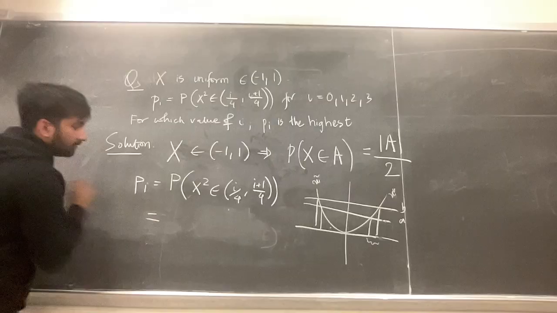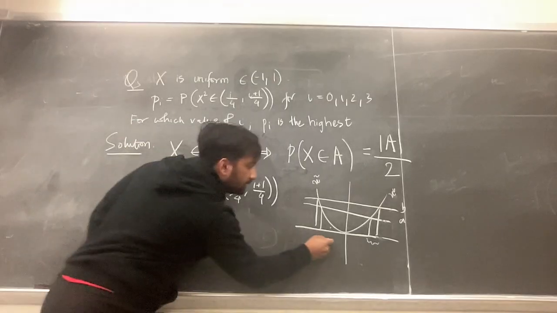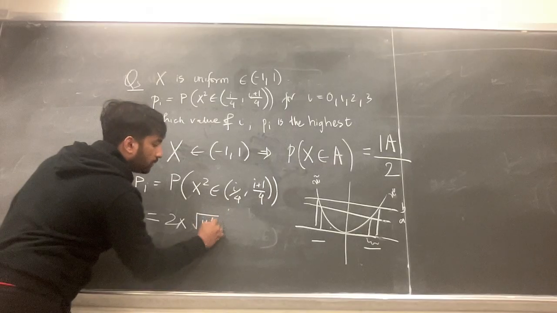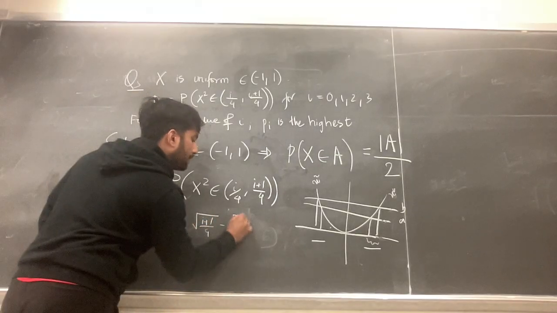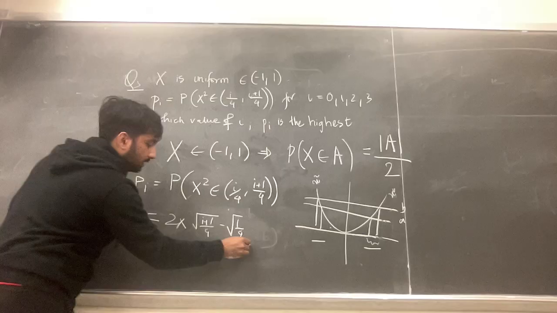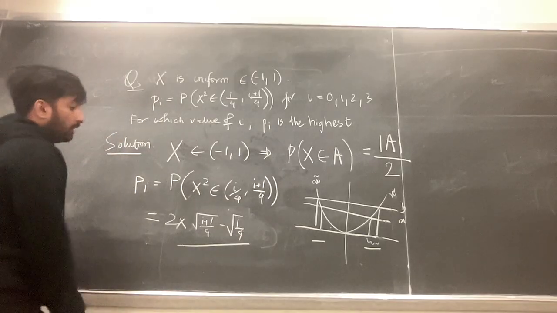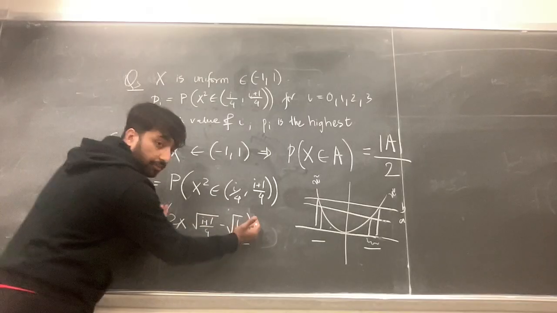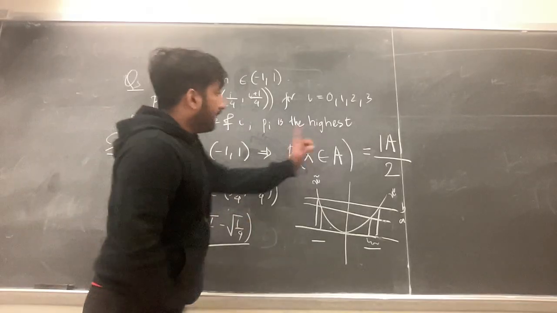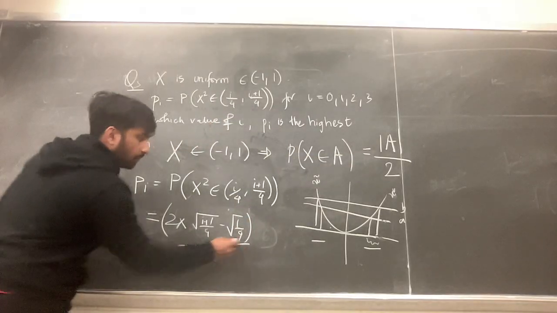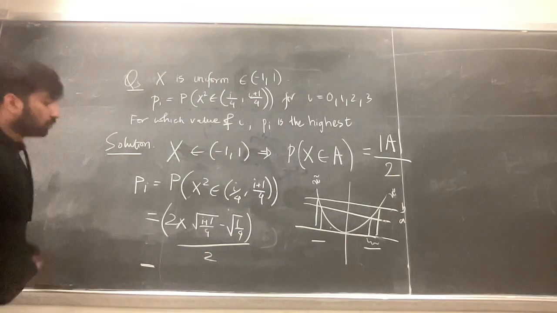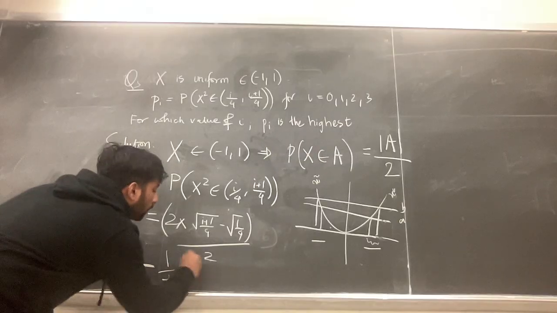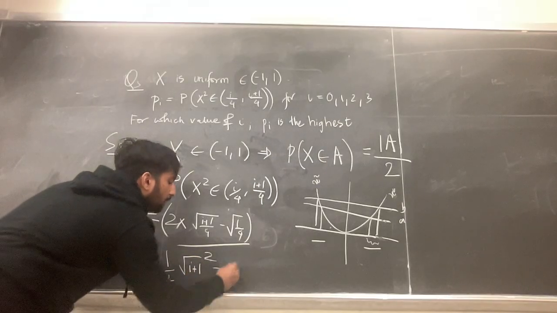So this is nothing but 2 times, because it's symmetric, one for this side, one for this side, into the length of this, that is root of (i plus 1) by 4 minus root of i by 4, divided by 2, because this is the probability that x squared is in this interval. And you will see that this 2 cancels, and it turns out to be half times root of (i plus 1) minus root of i.